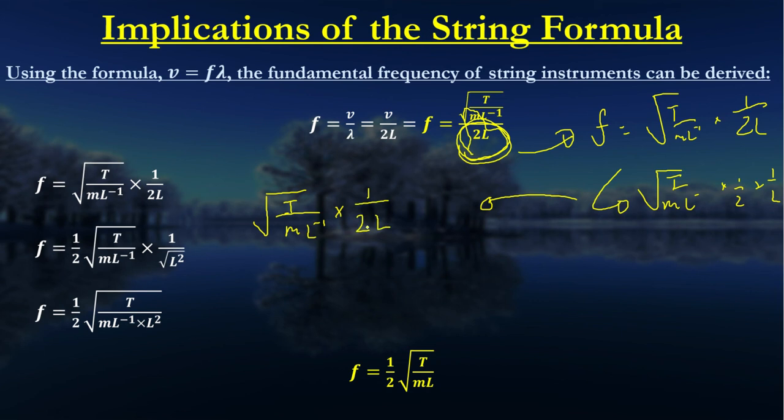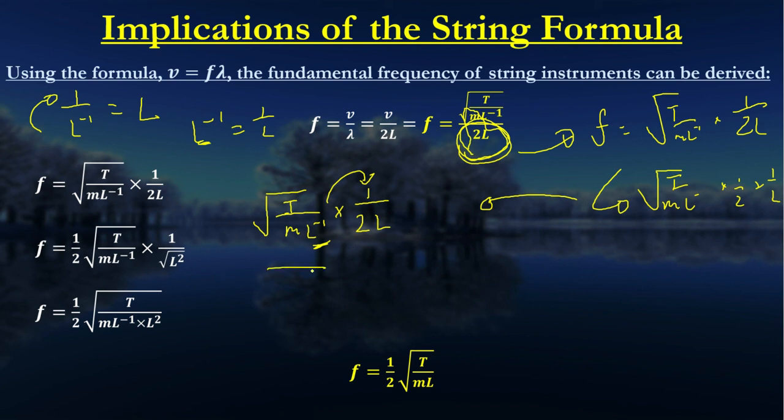Now I'm going to move this L to the minus 1 up here, because this represents 1 over L. If the minus sign is coming at the bottom of the fraction, it means if I rewrite this, L to the minus 1 would be the same as writing L, because it's just the inverse of the inverse.